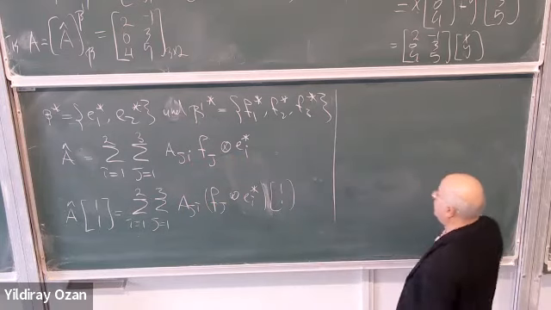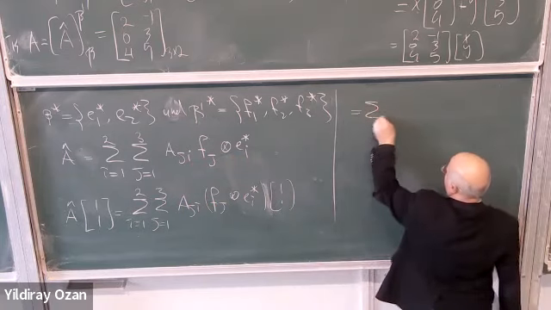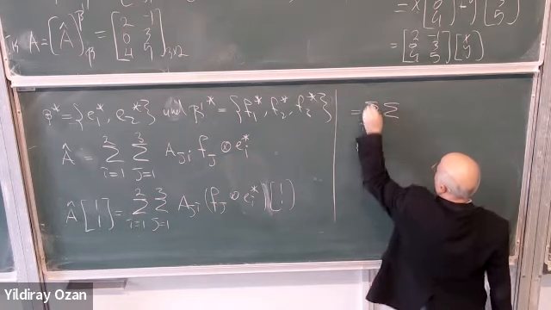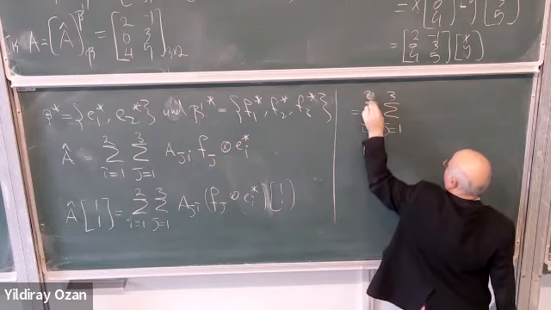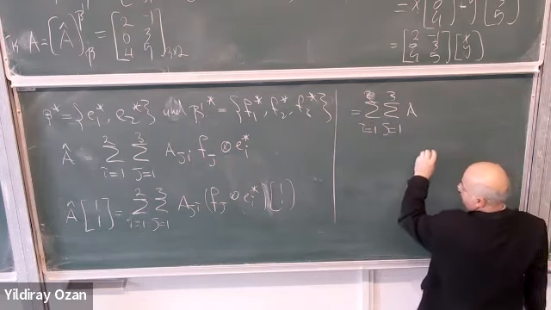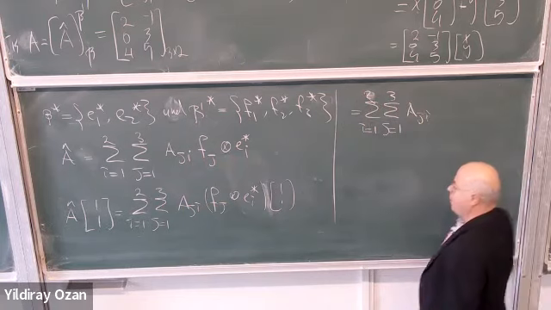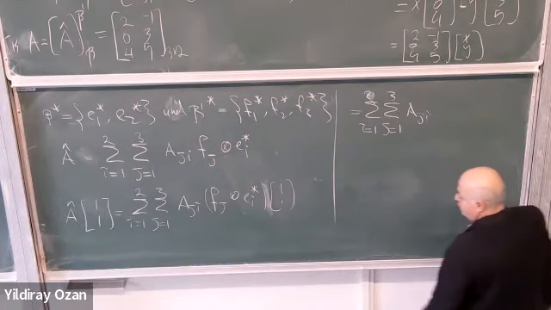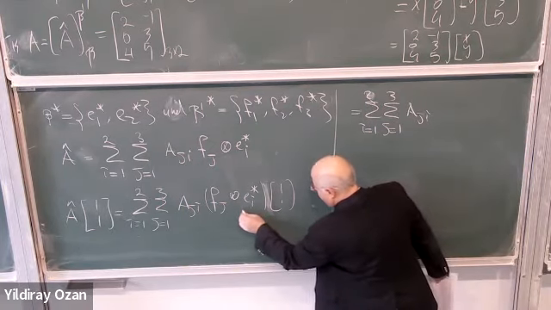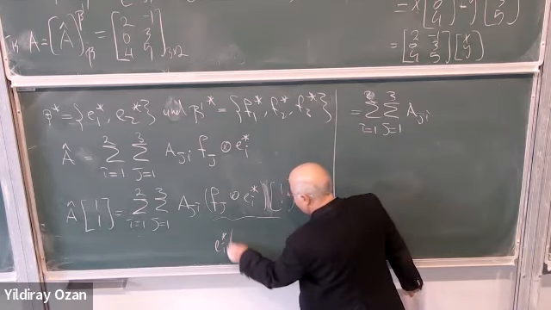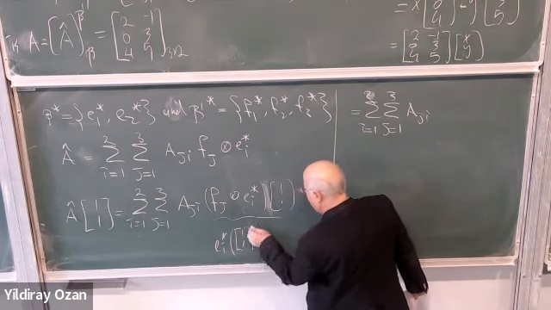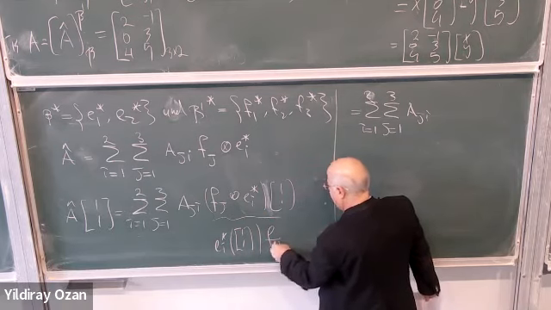So this thing will be just E_i star evaluated on (1, 1) and then F_j, right?